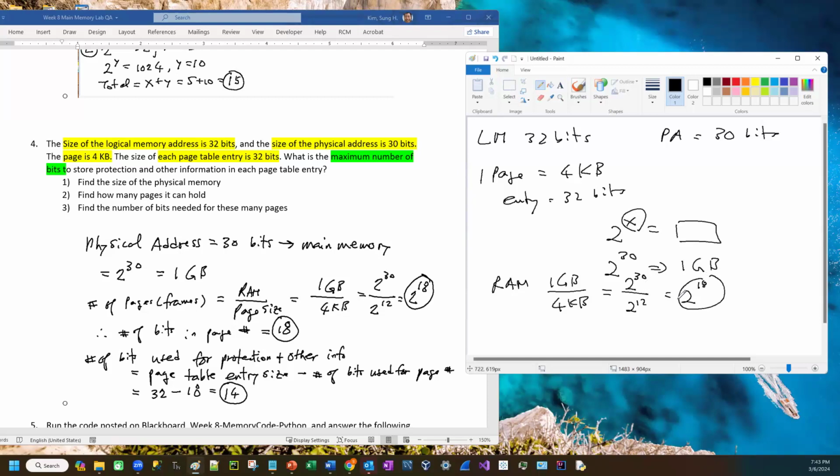Okay. So the number of bits that you need for a page is right here, right? So that's the reason why I use this way. So here, that's why I said number of bits in pages is a total of 18. Okay. So how many bits do you need for the protection and other information?